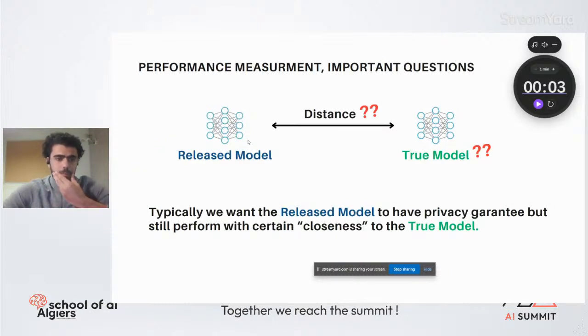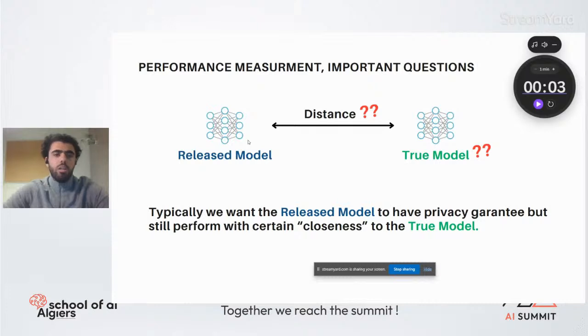Typically we want the released model to be differentially private, but we still want it to perform with a certain closeness to a true model. So we want it to be private and hide individual information, but we still want it to perform as well as, or close to, a true model.